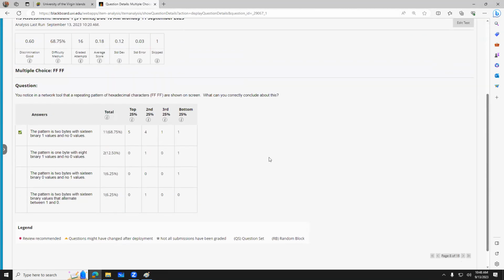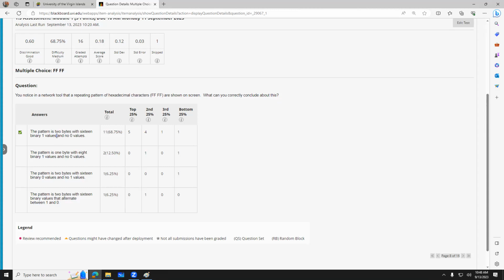F, right? F. Those are all ones. F is 4 ones on that table. So in binary, we have 1111, 1111, 1111, 1111. You notice in the network tool that a repeating pattern of hexadecimal characters is shown on the screen. What can you correctly conclude about this?